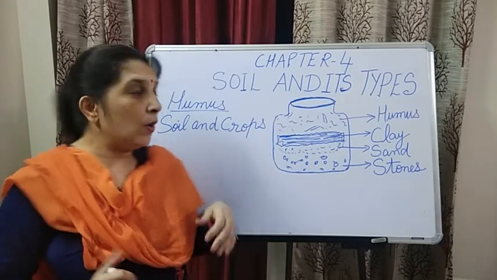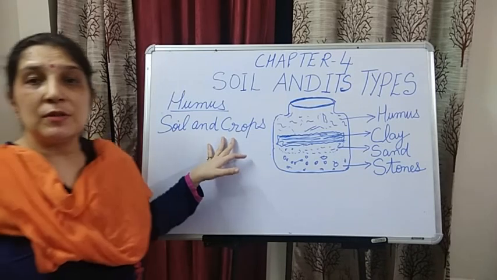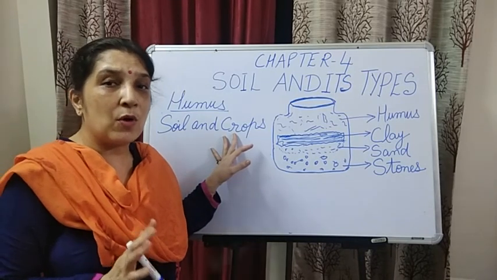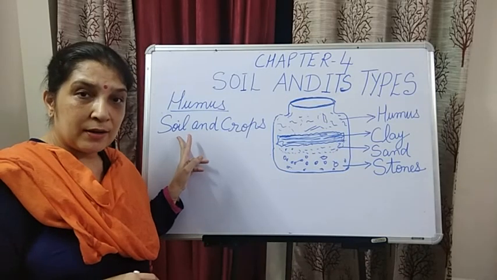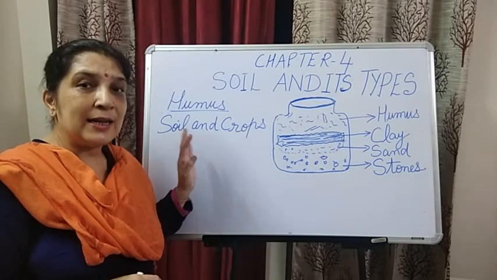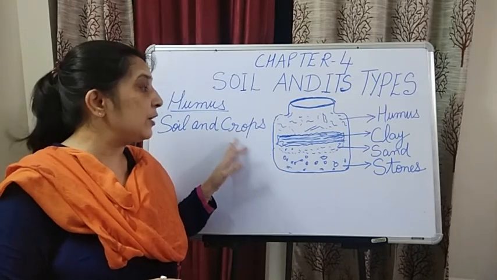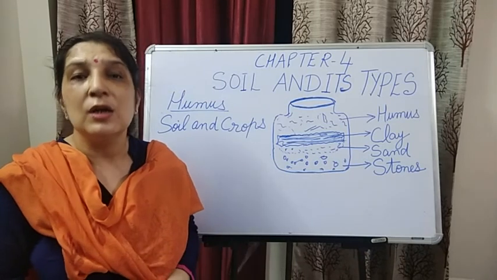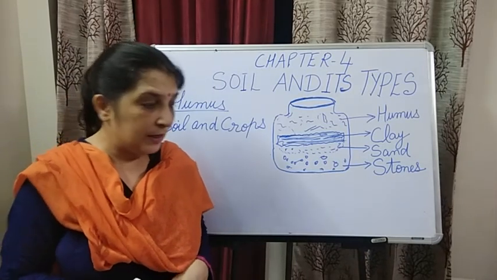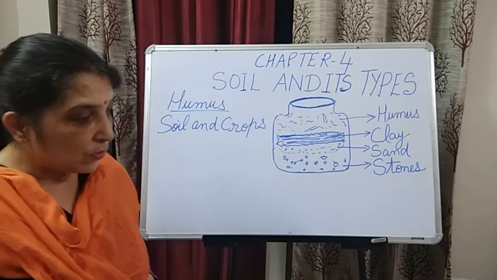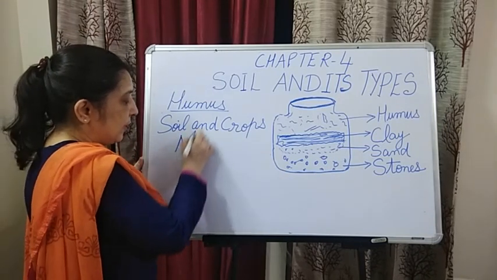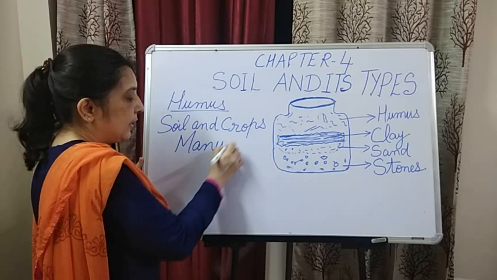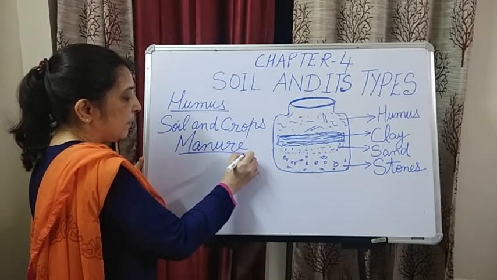So when farmers grow crops, the first thing they keep in mind is the soil. They look at the soil and then they decide which kind of crops they should grow in their field. So what else does the soil contain? There is one word we are going to study in this chapter, manure.